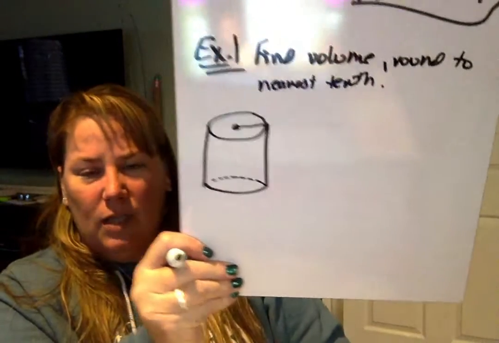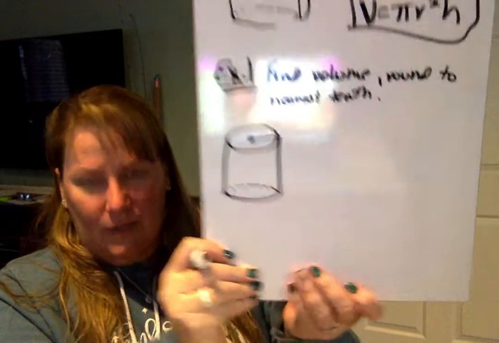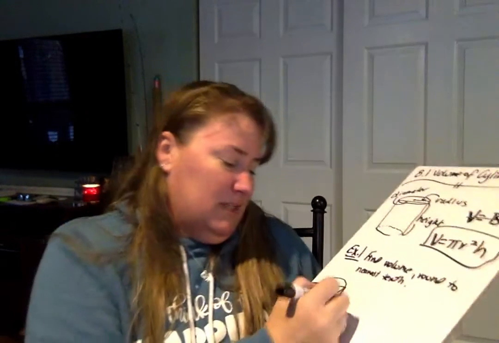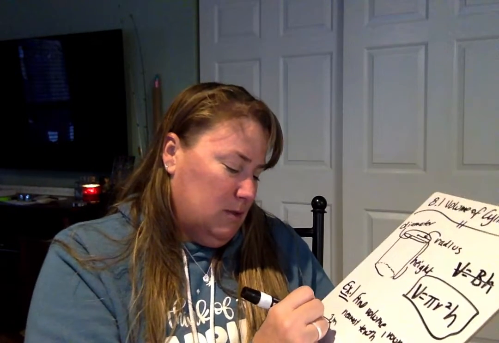So we always draw some cylinders. So squishy circle up top, sides, rounded bottom. Kind of looks like a toilet paper roll. Okay, so our dimensions here, it's going to be 6 meters tall, and our radius is 3 meters.